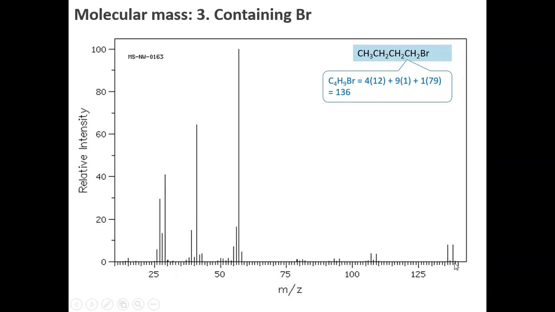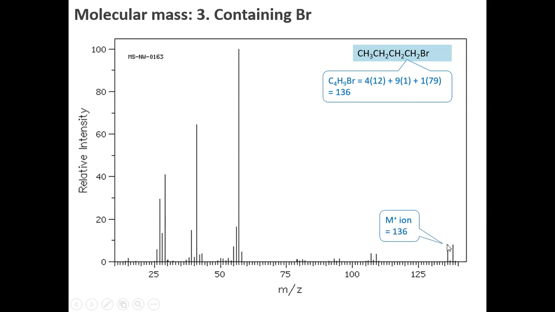Here's one containing bromine. Notice we have the same thing of 2 units apart, but now it's more or less in a 1:1 ratio. Again, we use the lower isotope of 79 rather than 81 because the 79 is slightly more abundant at 51%, whereas the 81 is less abundant at 49%.